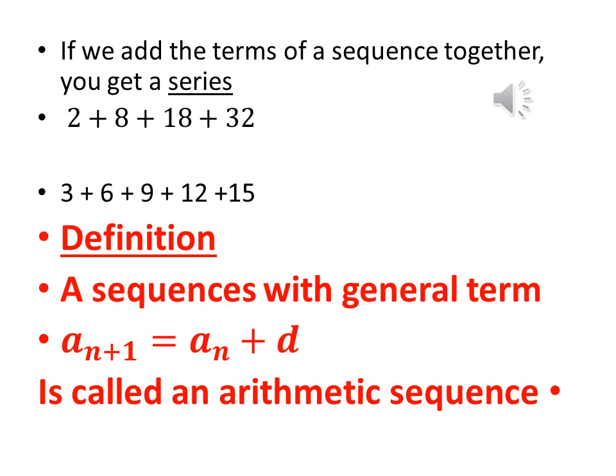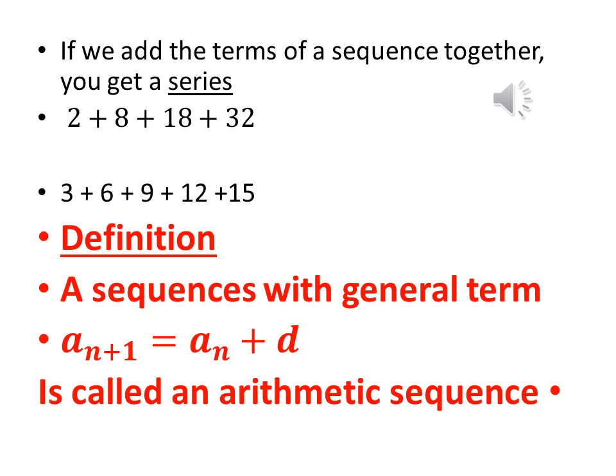The sequence 3, 6, 9, 12, 15, if I put plus instead of the commas, like 3 plus 6 plus 9 plus 12 plus 15, we call it a series. So the difference: a sequence is term by term, but a series is term plus term plus term.